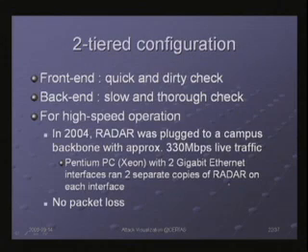So we checked the speed of the software, and actually we performed a field test on a campus backbone network. At the time of testing, there was 303 megabits per second of live traffic flowing in the pipe, and we used a Pentium PC which had 2 gigabit Ethernet interfaces, and we ran 2 separate copies, one on each of these interfaces, and there were no packet losses.